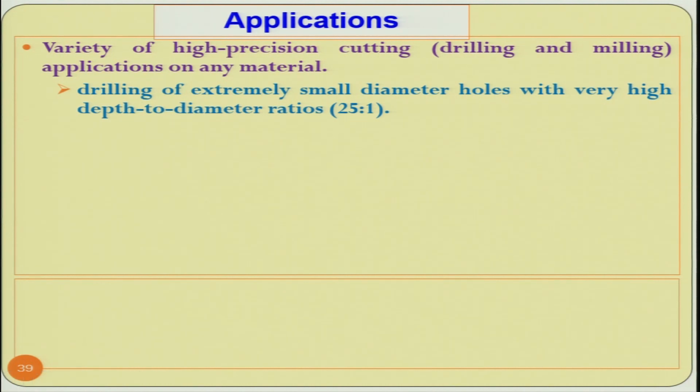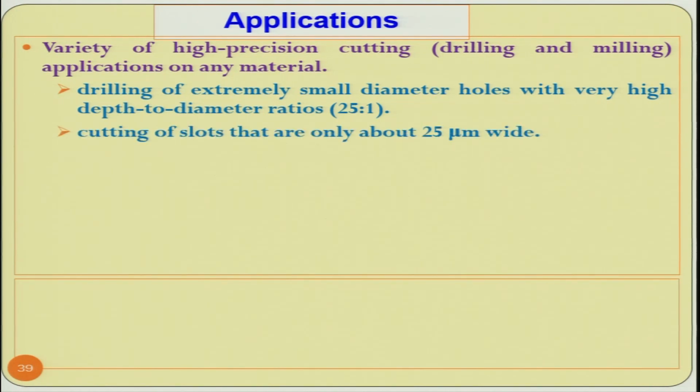You can use this for a variety of high precision cutting, drilling and milling operations on different kinds of materials, and for drilling extremely small diameter holes with a very high depth to diameter ratio, as high as 25:1 or even more, depending upon how efficiently you are able to remove the evaporated material from the hole or cavity being machined.